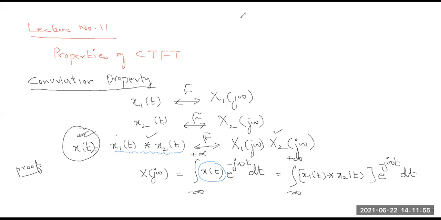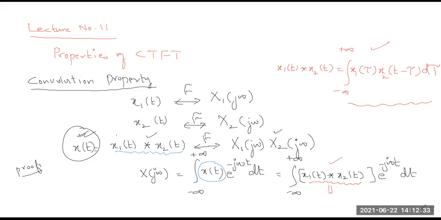Now, we already know that the convolution of x1 and x2, x1(t) convolve with x2(t), is the integral of x1(tau) x2(t minus tau) d tau. So this convolution operation between x1 and x2 is equal to this integral, and I'm going to replace this thing with this integration.